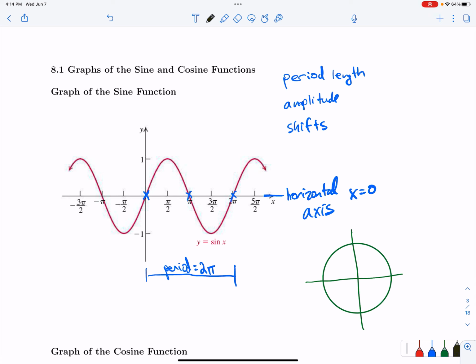So the y-coordinate is 0 here and here, and that occurs at 1, 0, and then at pi, 0. And then if I kept going around, the next coterminal angle would be 0, 0. The next time around is going to be 2 pi, 0.